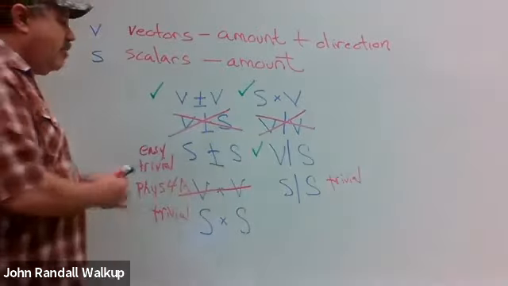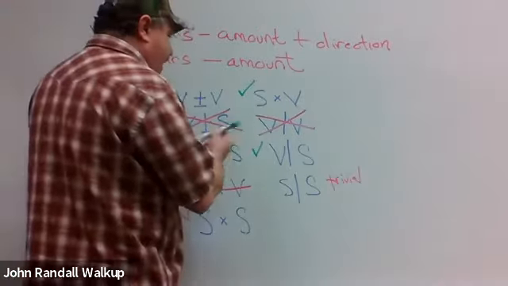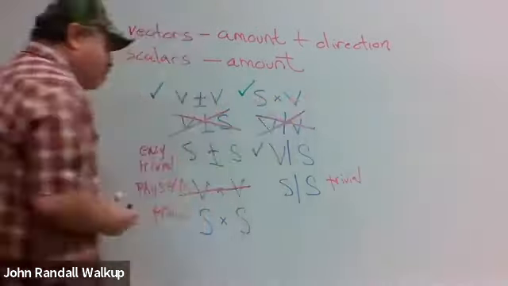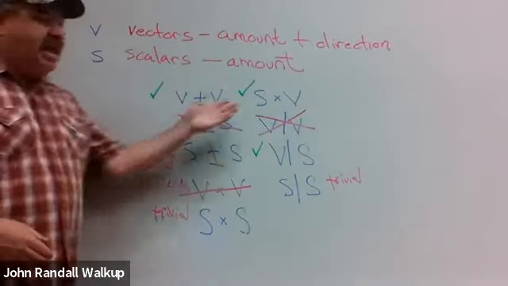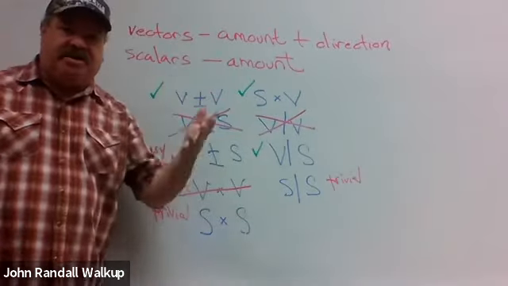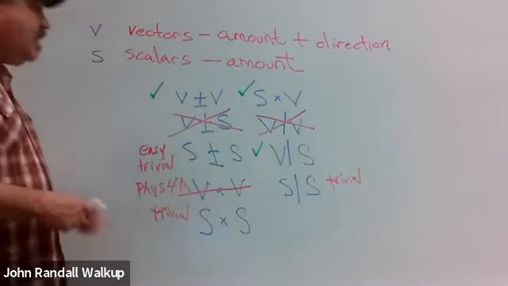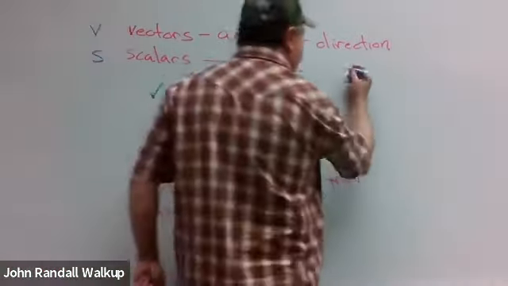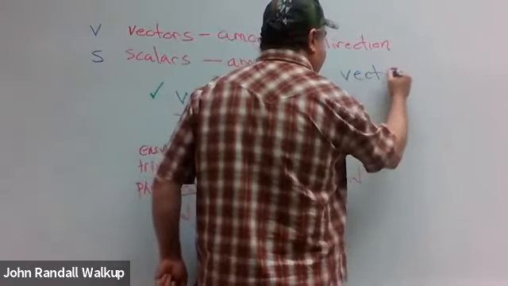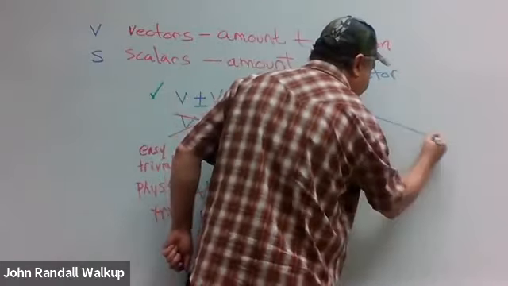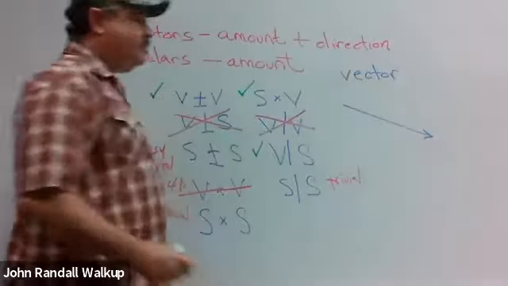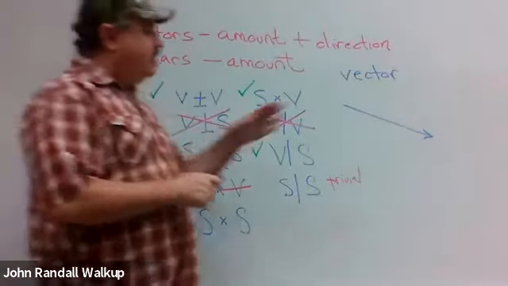Okay, so what I'm going to do first of all is attack this one right here. What happens when we take a vector and we multiply it by a scalar? And I'm going to give you an example. First of all, I'm going to represent the vector, as we did last time, with an arrow. The arrow represents the vector.